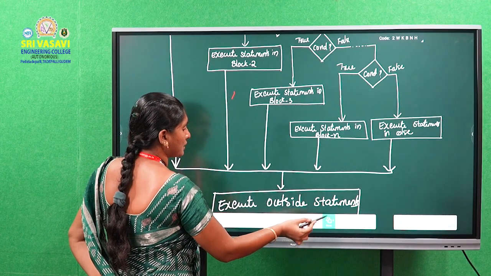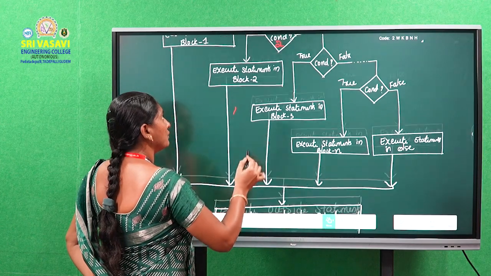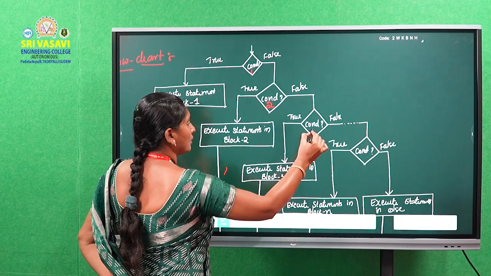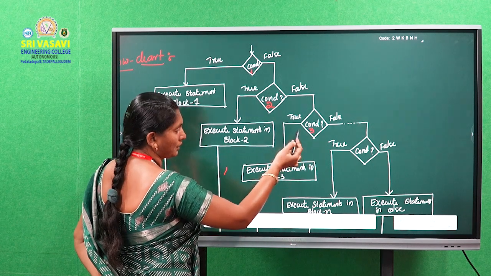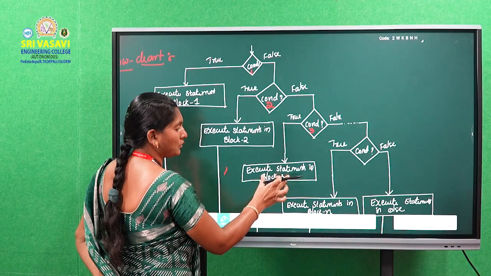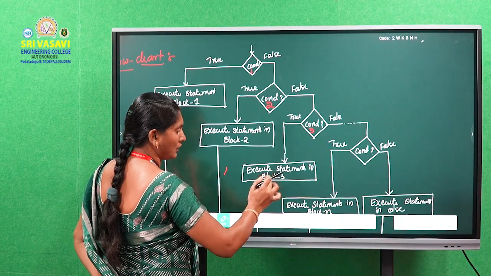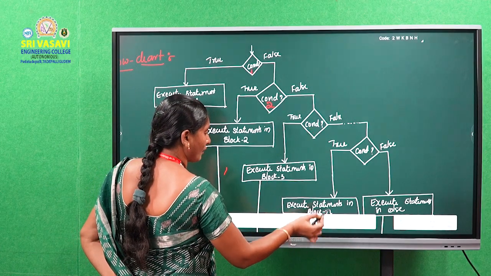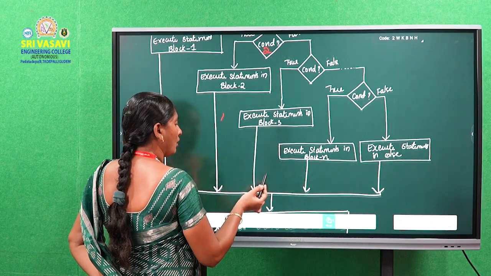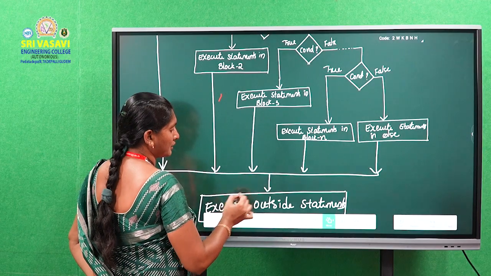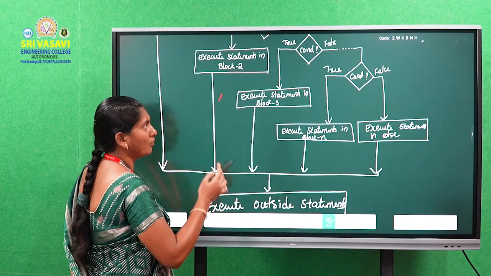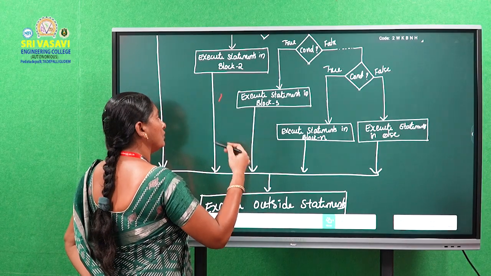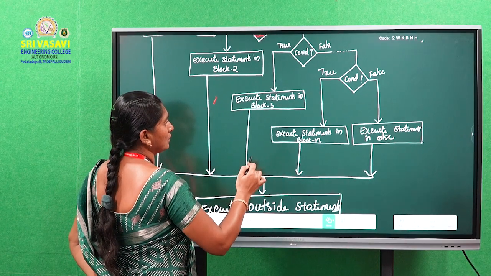Next, suppose the second condition fails, then we will check the next condition, condition 3. If it is true, it will execute the corresponding statements in block 3. After the execution of statements in block 3, it will come outside that block and execute the statements which are after this else if ladder. Like that we will check n number of conditions.